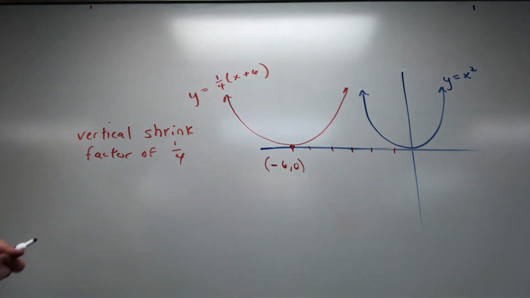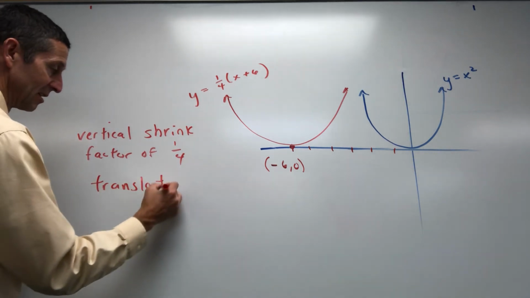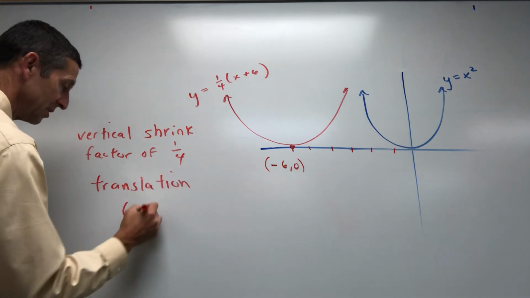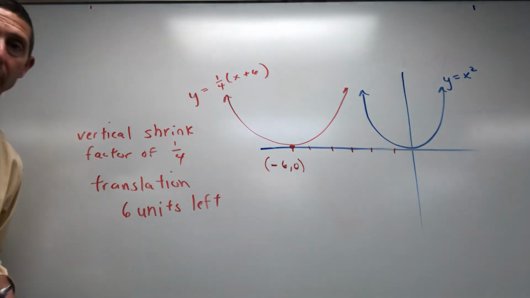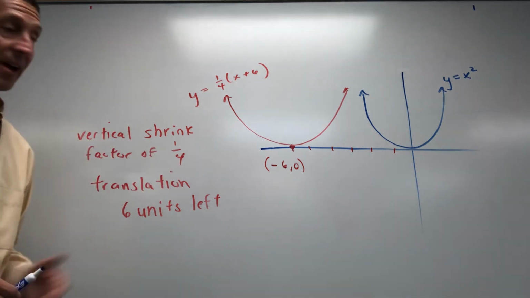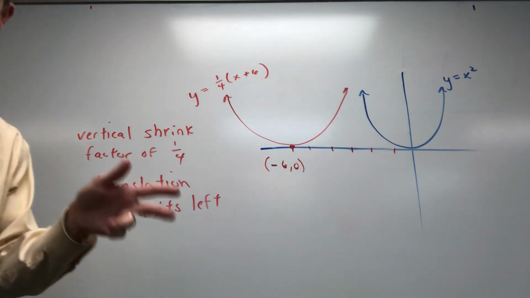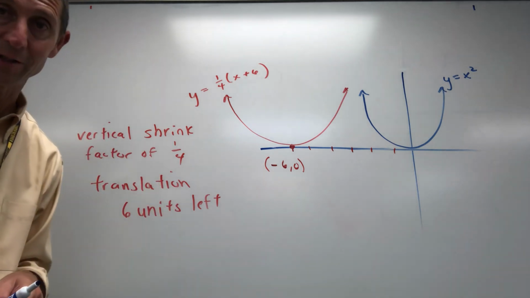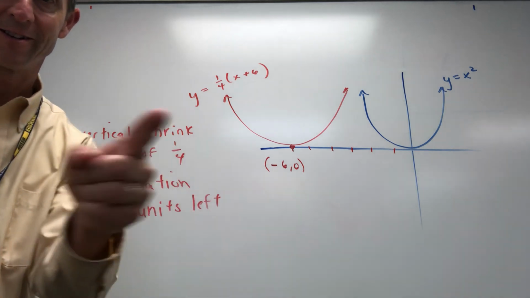We moved him 6 units to the left, so it is a translation. We went 6 units left. So on a lot of these problems, you get the double. You gotta shrink it or stretch it, and you gotta move it. So be on the lookout for reflections, shrinks, stretches, translations: graph, parent graph, describe it, 3 parts. There you go.